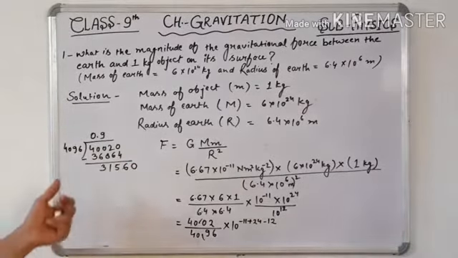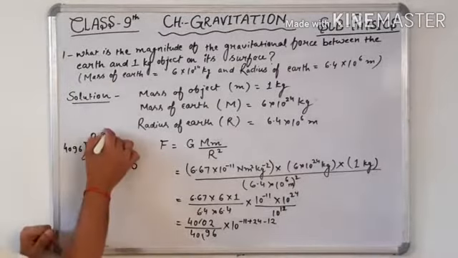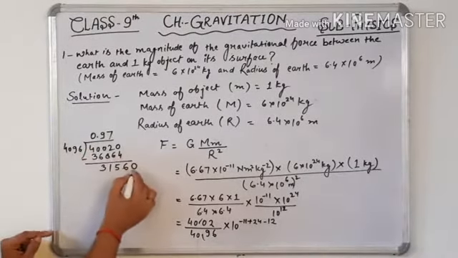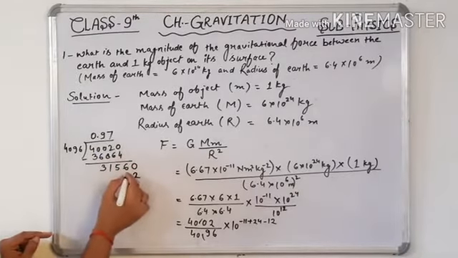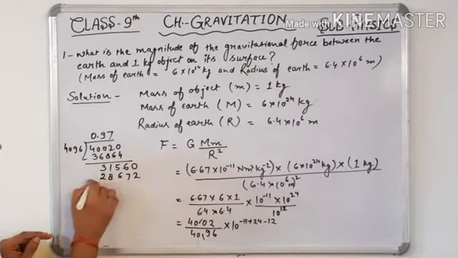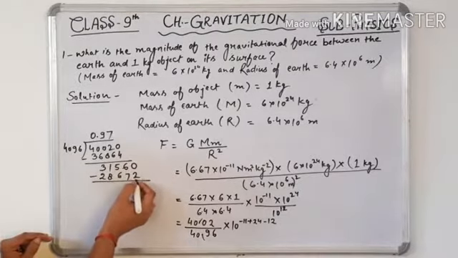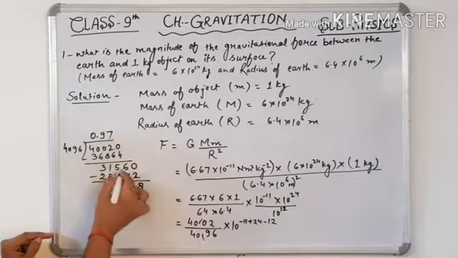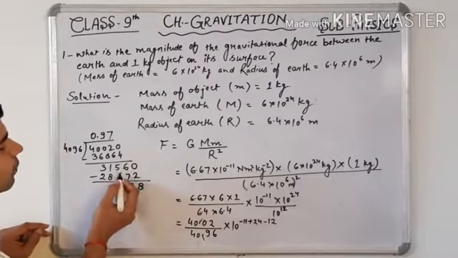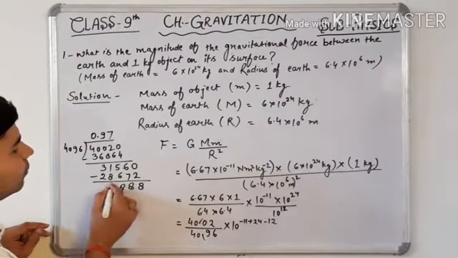Again increase 1 0. Now 4 8 are 32. It will be more, so 7. 7 6 are 42, 7 9 are 63 and 4 is 67. 7 4 are 28. Subtract: 10 minus 2 is 8. Here 5 left, 15 minus 7 is 8. 4 left, 14 minus 6 is 8. 0 left, 10 minus 8 is 2.